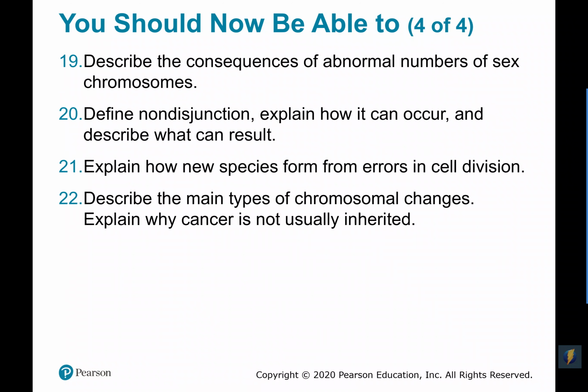Explain disjunctions, what can happen as a result, and how sometimes new species can evolve from errors in cell division, and how chromosomes get changed in terms of those deletions and insertions and so on and so forth. So that is chapter 8.